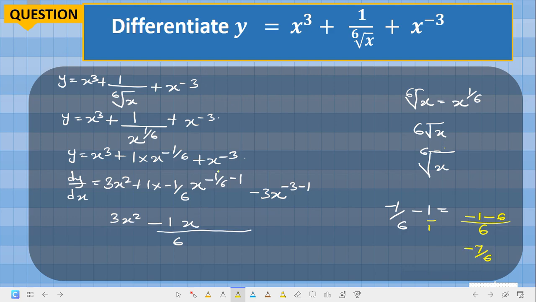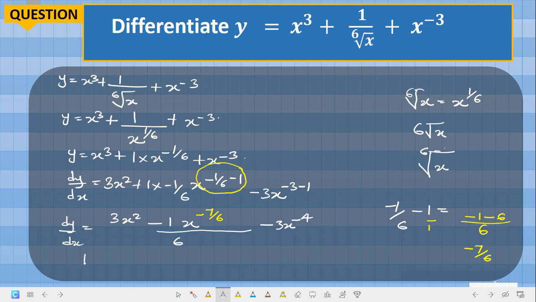So this whole thing here, we can write it as minus 7 over 6. Then we have this minus 3x minus 7, or minus 4 rather. Minus 3s minus 4. At the end of the day, what will be our dy ds?